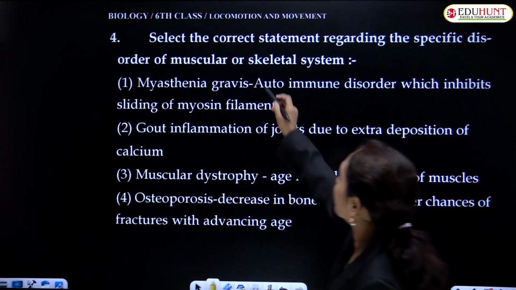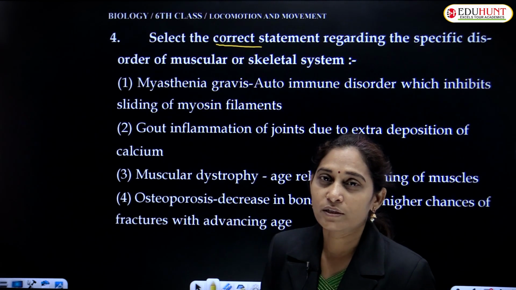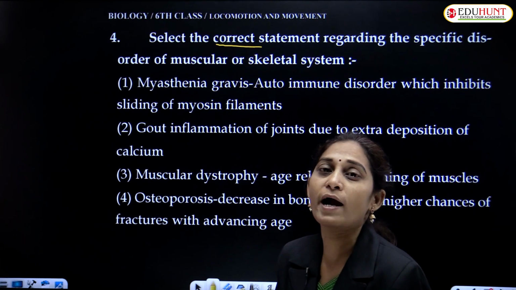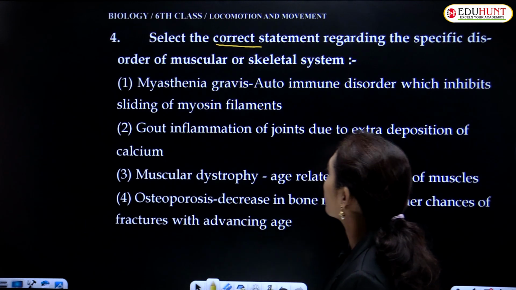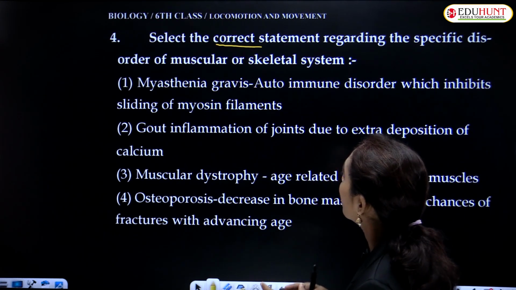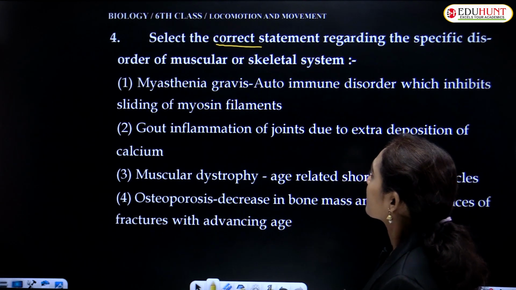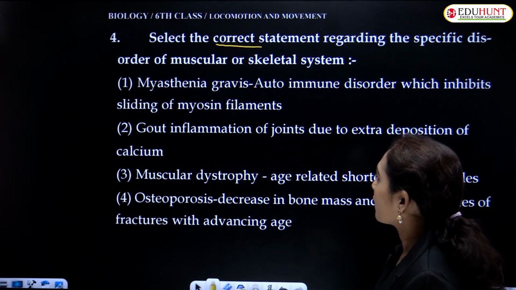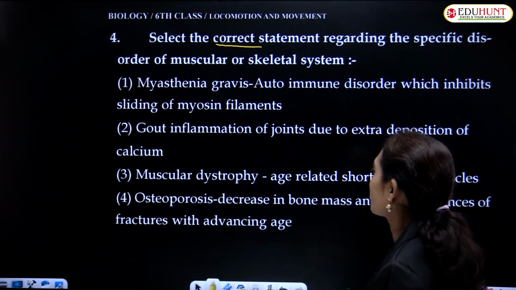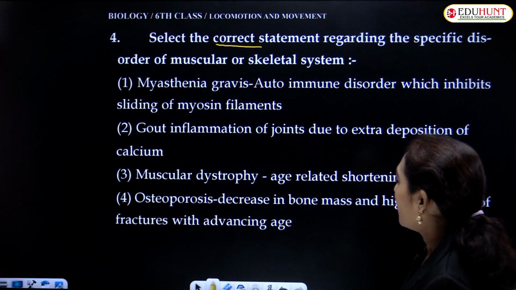Select the correct statement. We should clearly read the question first, whether they are asking to identify the correct pair or to identify the wrong one. Here, select the correct statement regarding the specific disorder of muscular or skeletal system. Myasthenia gravis autoimmune disorder, gout inflammation of joints due to extra deposition of calcium, and muscular dystrophy age-related shortening of muscles.